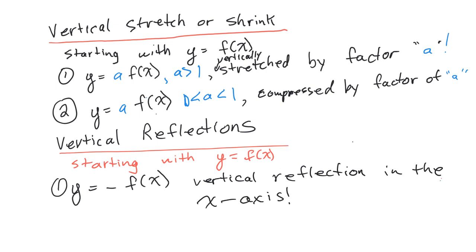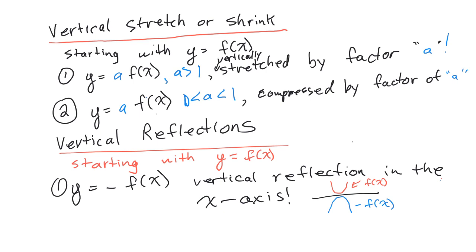So I want you to imagine the x-axis is here, and this was my original graph, y equals f(x), and then if I apply negative f(x), it just flips the graph. That's all it is. Okay, so it flips it to the other side of the x-axis.